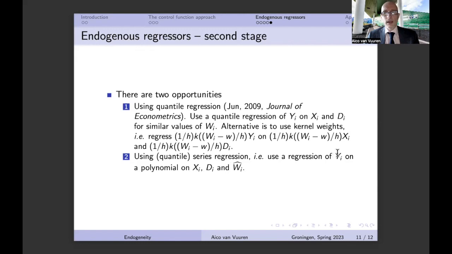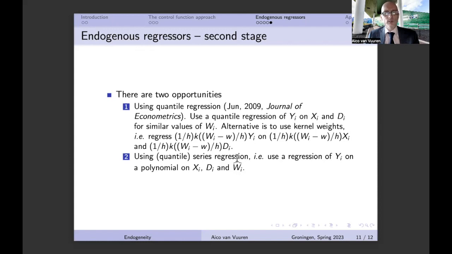We can simply run a quantile regression of y on xi, di, and wi hat. Now the only problem is that we do not know how wi hat, or maybe better to say v, is going to enter the outcome equation. It enters in a certain way, but we do not know how. So it's better to be a little more flexible, not only including wi hat, but also, for example, wi hat squared or wi hat to the power of 3.